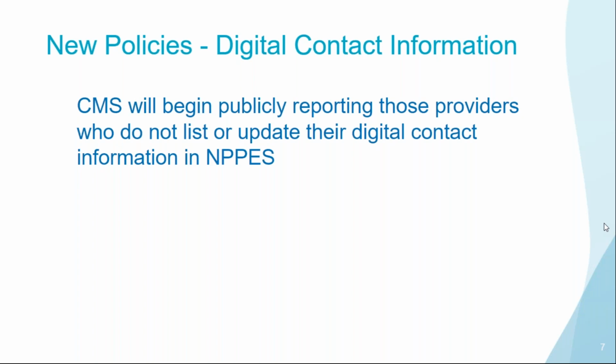And here's another place that they will publicly report on Physician Compare and Hospital Compare. If you do not update your digital contact information, then they're going to call you out basically on the public website. So anybody in the community can go there and look at your quality measures or whatever and see that you aren't participating in this.